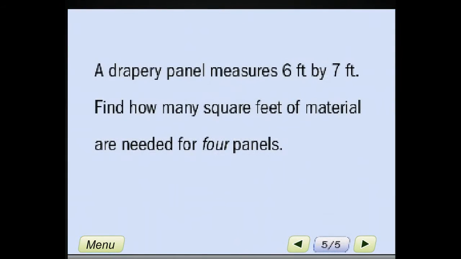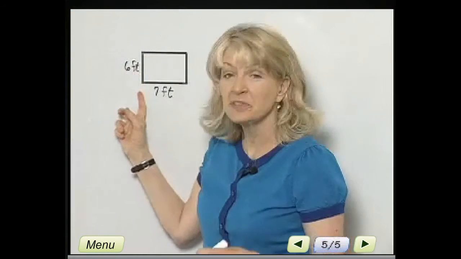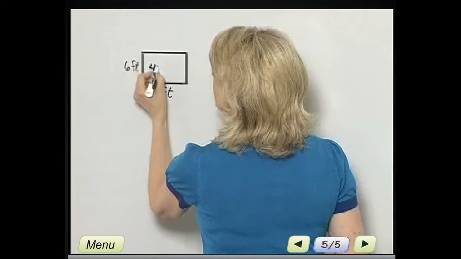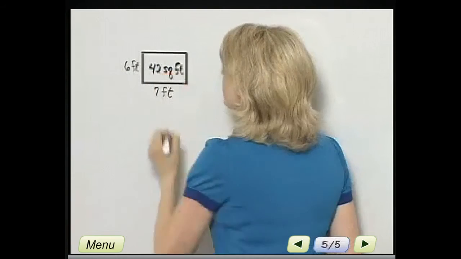Let's look at the following application. A drapery panel measures 6 feet by 7 feet. Find how many square feet of material are needed for 4 panels. So I've drawn a figure, and this represents one panel. By the way, what is the area of this one panel? Just multiply length times width. It is 42 square feet.